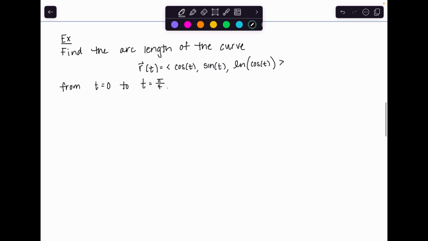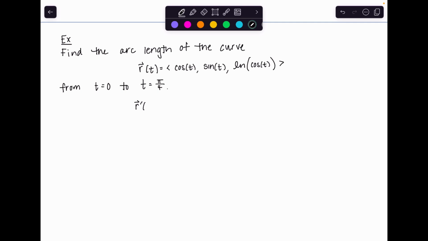So before I jump into having to write my integral over and over and over, I'm going to find a couple things, and I'm also going to see if I can simplify that square root before writing the integral. So the thing I have to start with is I definitely need to differentiate this function. Okay. Derivative of cosine is negative sine.